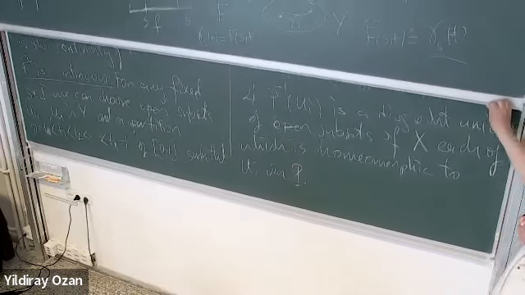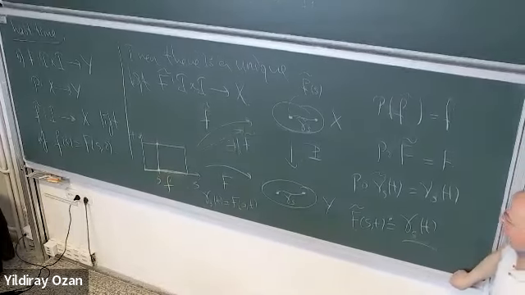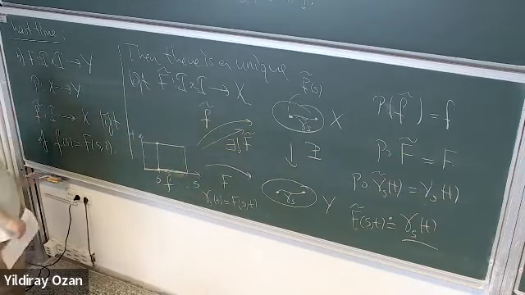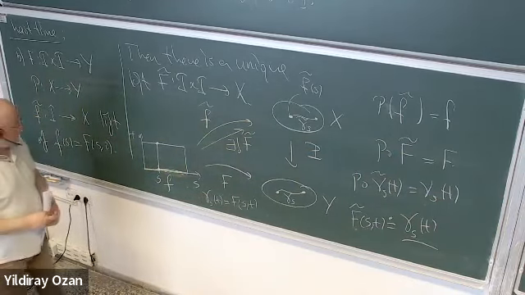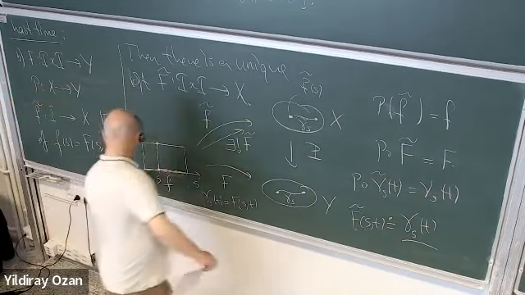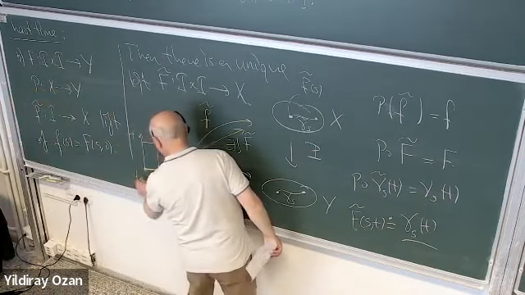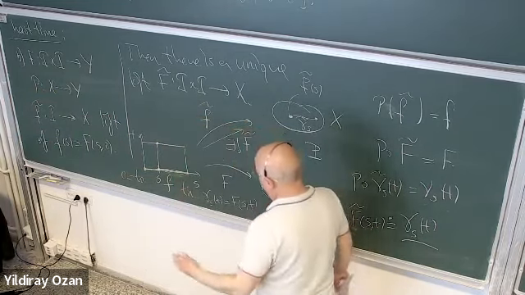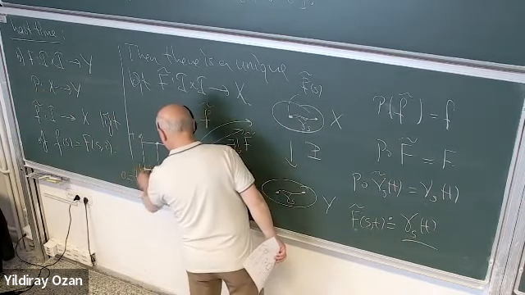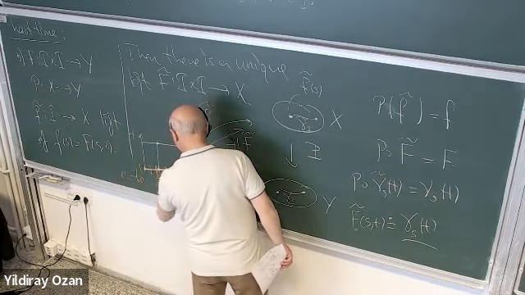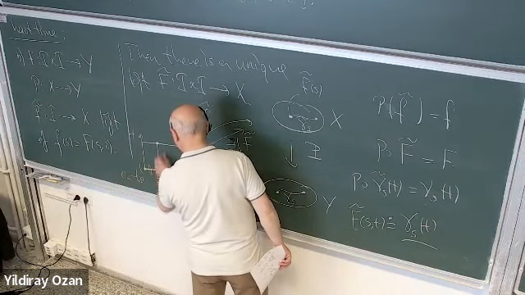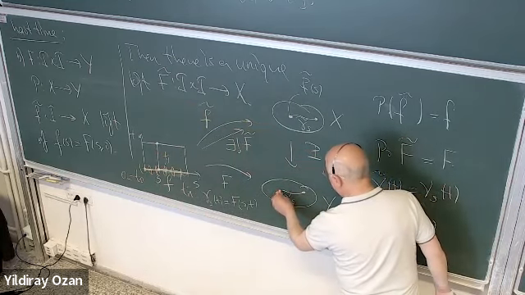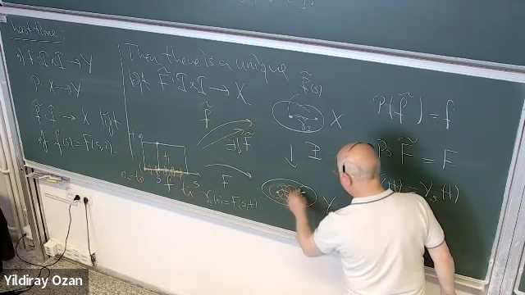I can divide this interval into pieces, n pieces, for some integer. Okay, so like this. Here I have, let's say, t_i, so that each of these intervals is mapped to one of these open sets.